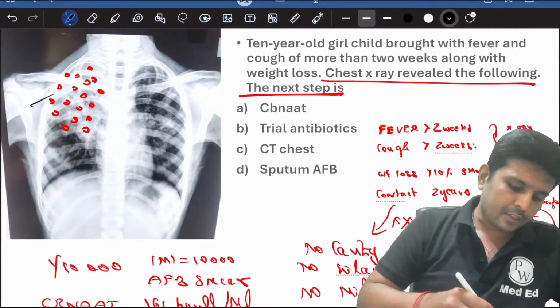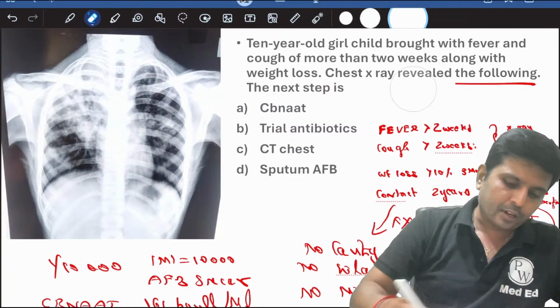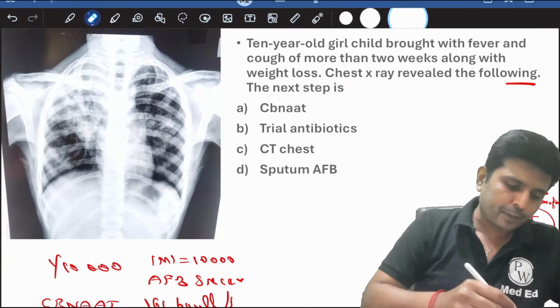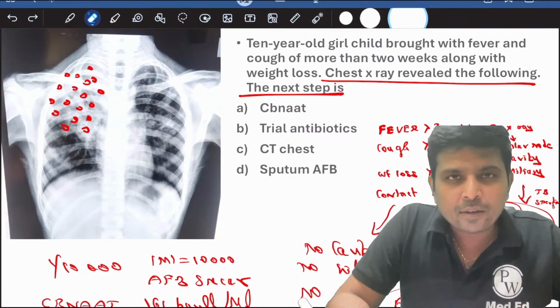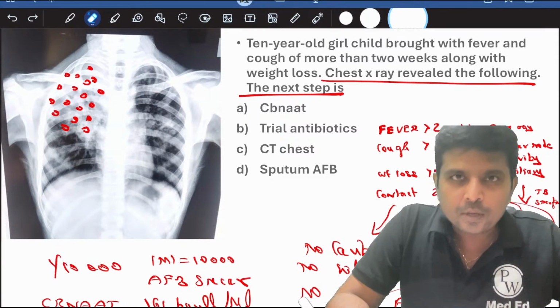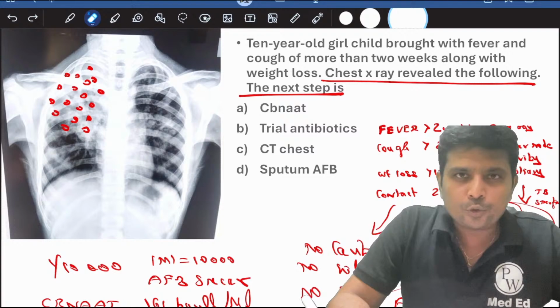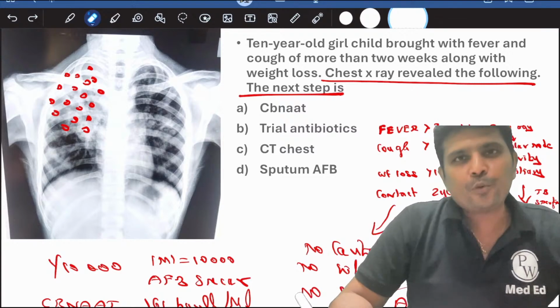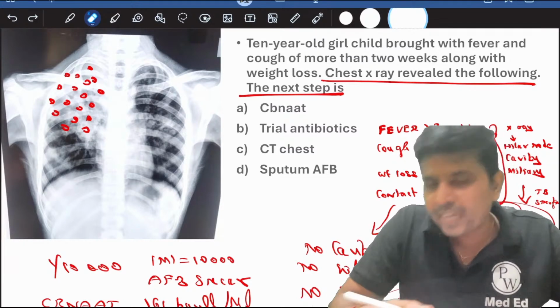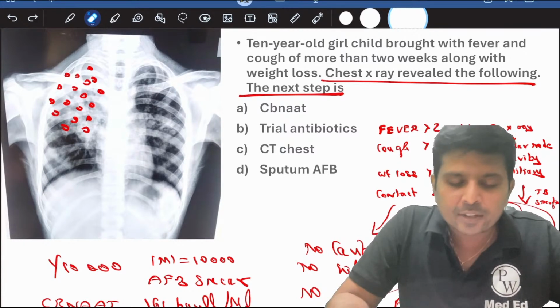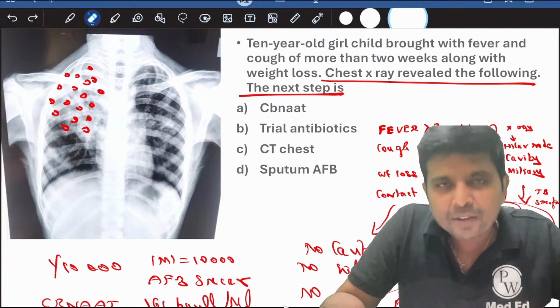Okay, what else? And TB, what are all the things that you need to know with respect to TB? Very good. Cough more than 2 weeks plus fever more than 2 weeks is unless otherwise proved a case of TB, along with a contact who had received ATT within the previous 2 years.